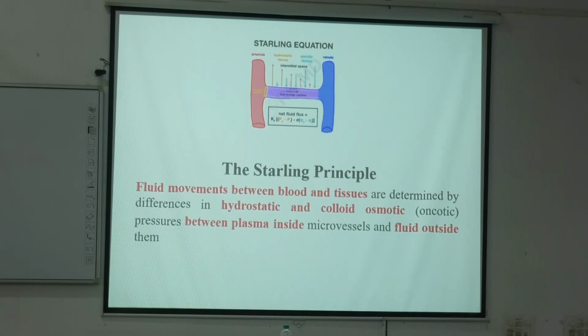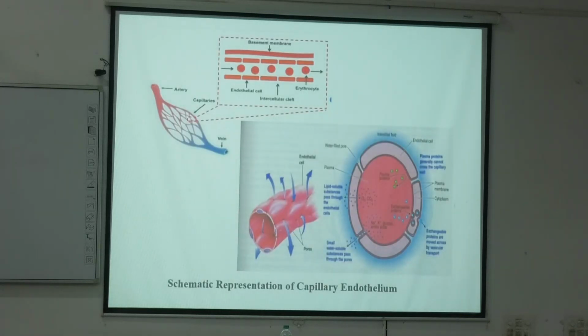I will show you a clinical case right now. Starling equation: fluid movement between the tissues is determined by the hydrostatic pressure and the colloidal osmotic pressure between the plasma inside the vessel and the extracellular space. Now, if you recall the capillary structure, there is a basement membrane. Concentrate here.